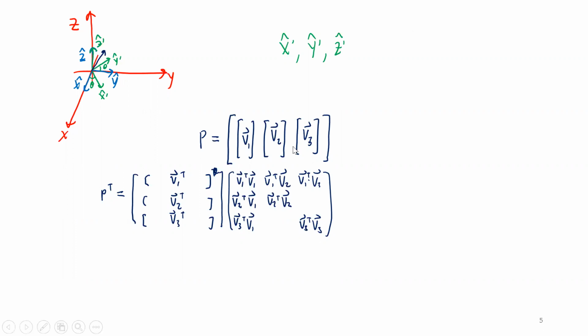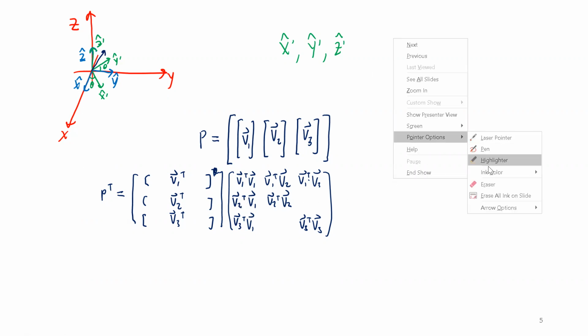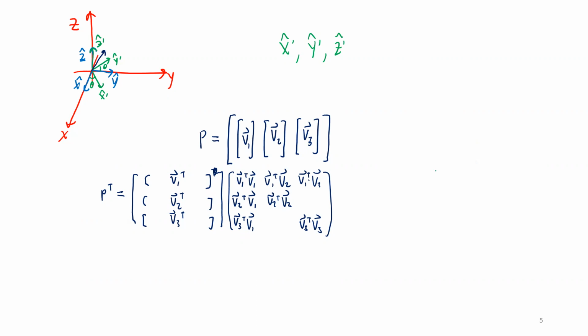And on the other hand, if you consider all the off diagonal elements, all the off diagonal elements refer to a dot product between two different vectors. And if they are an orthonormal set, then taking the dot product between the two vectors will be 0.